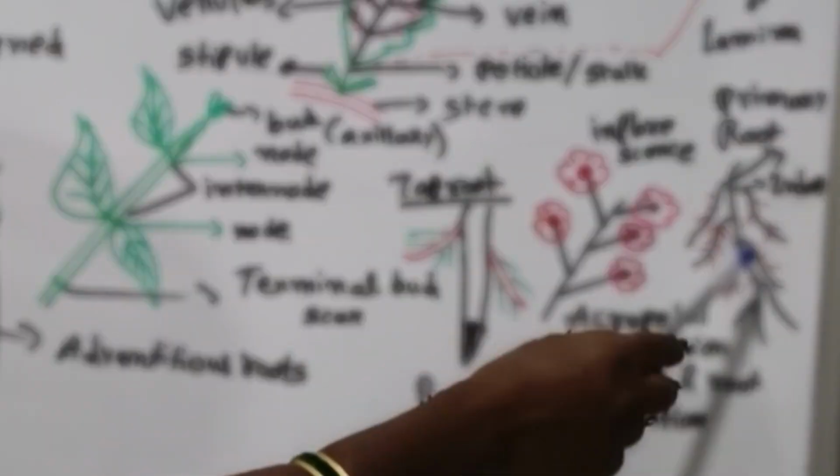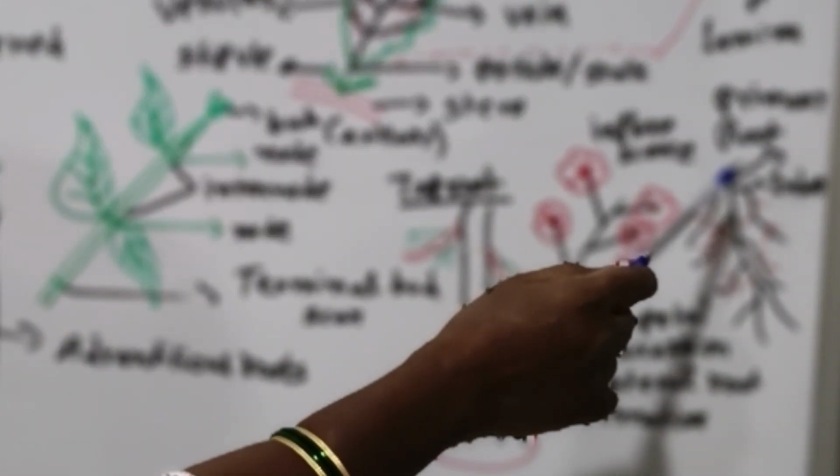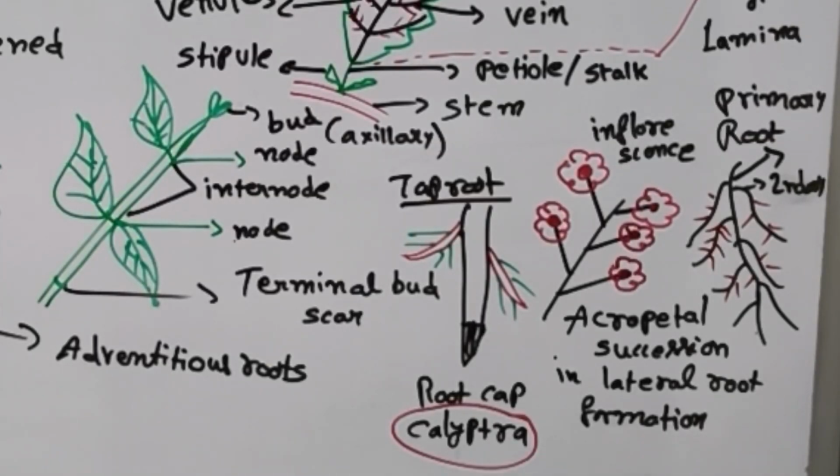Like that, in the taproot system, at the top of the root system there is development of the old roots, whereas at the bottom of the root system there is development of the new roots.